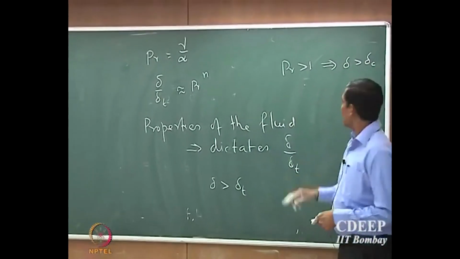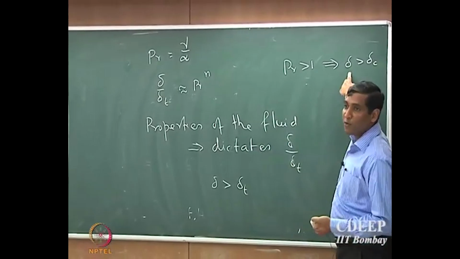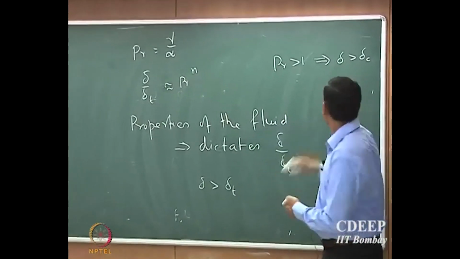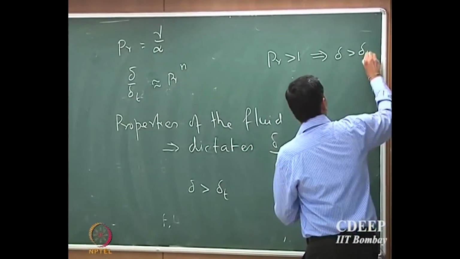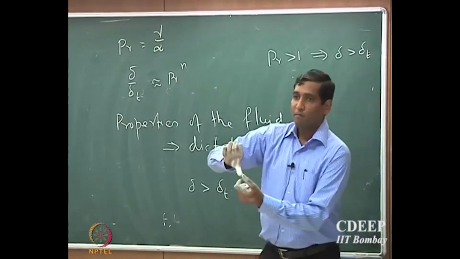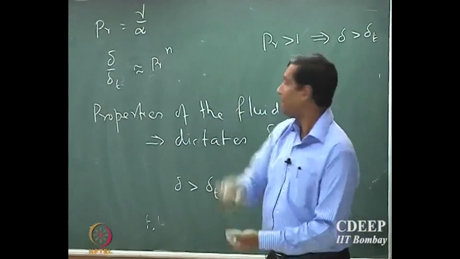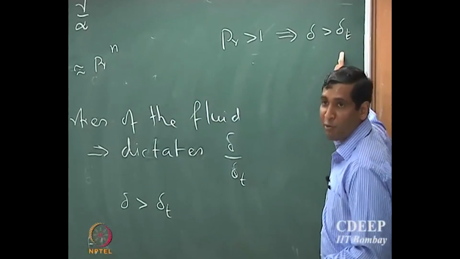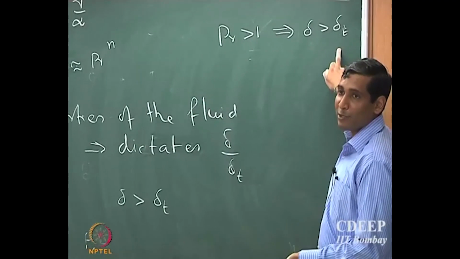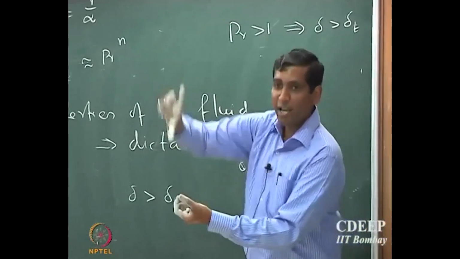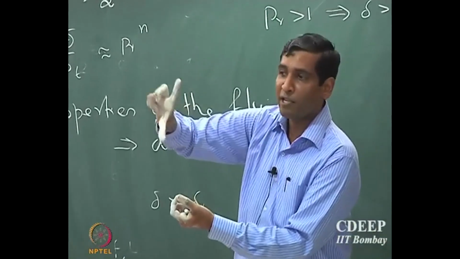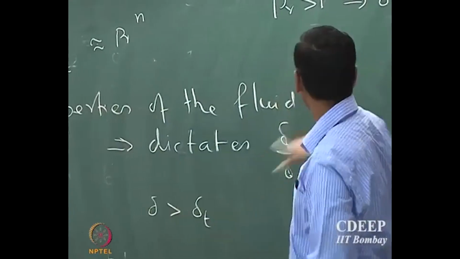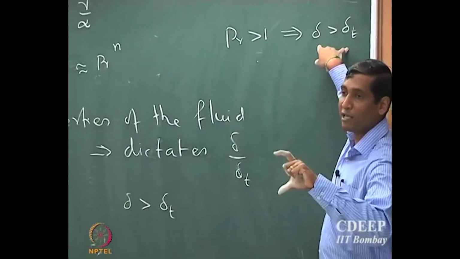What does it mean? So the momentum transport depends upon the boundary layer thickness and the heat transport depends upon the thermal boundary layer thickness. So the length scale of diffusivity of momentum and the thermal diffusivity, these two are going to strongly depend upon the boundary layer thickness.